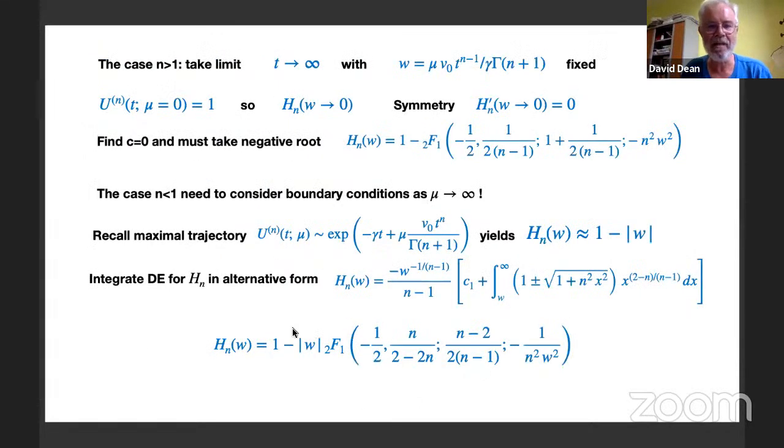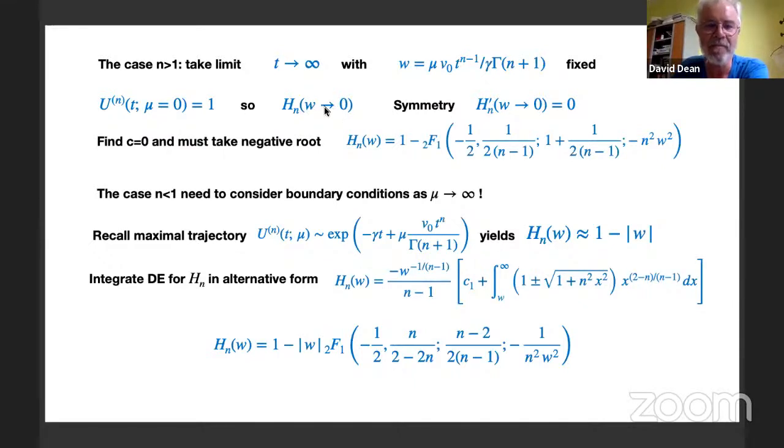So in the case n greater than 1, we take the limit t goes to infinity. We want to keep this scaling variable w finite. So this means, because n is bigger than 1, I need to consider the limit where mu is going to 0. So this tells me that h_n of w must be going to 0.